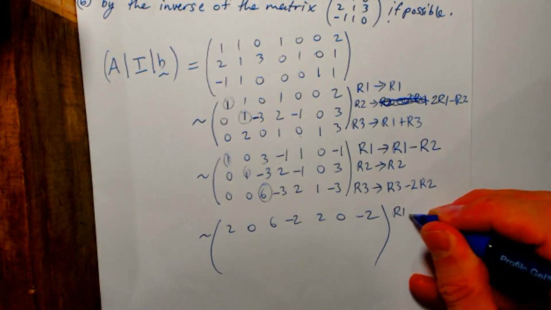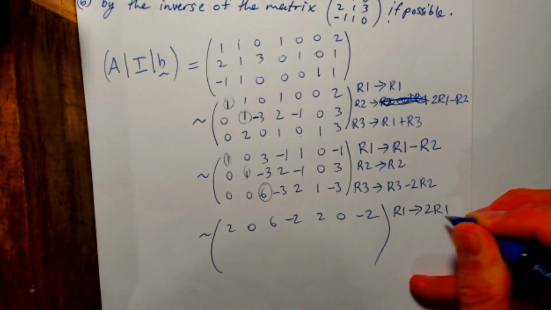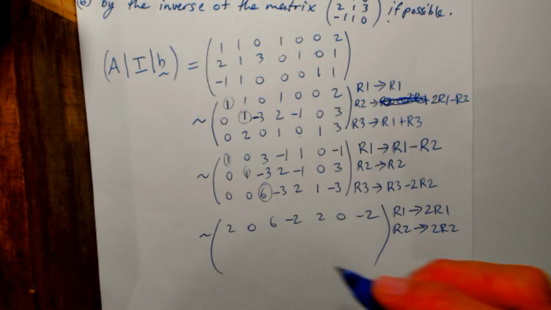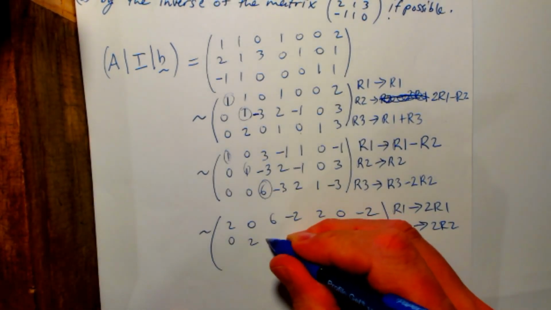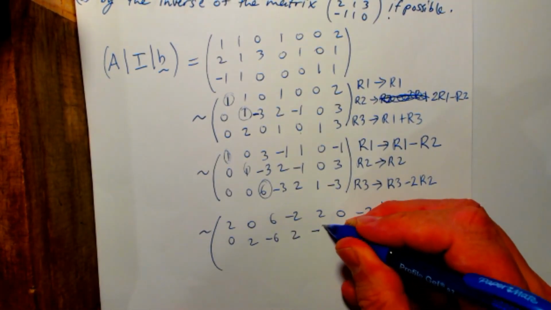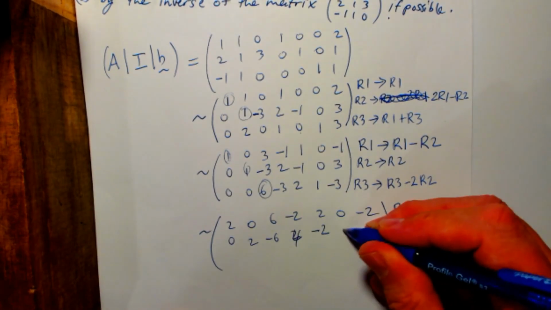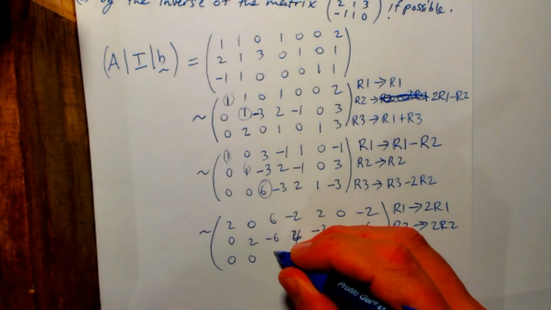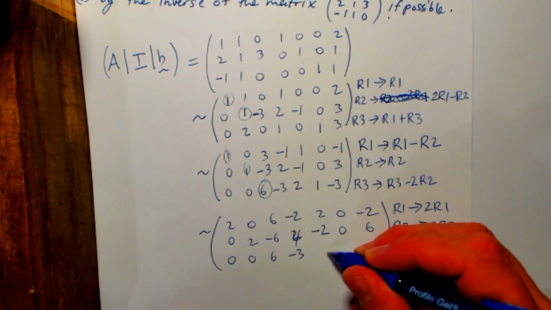And that's replacing row 1 with twice row 1. Replace row 2 with twice row 2. And that's 4. Okay, and then we copy down row 3 as it was.